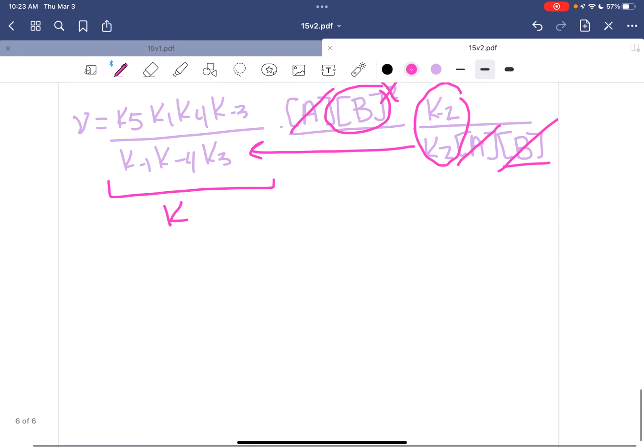We're just going to call it K with no subscript, and that's going to indicate that it's equal to all of these rate constants in this reaction.